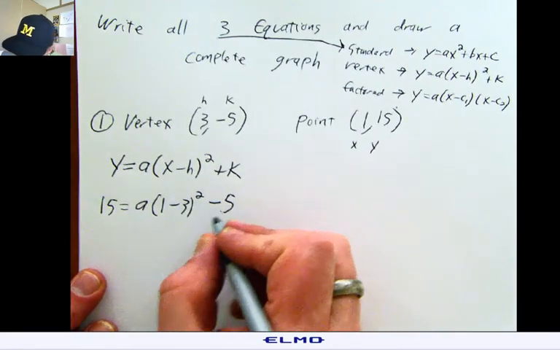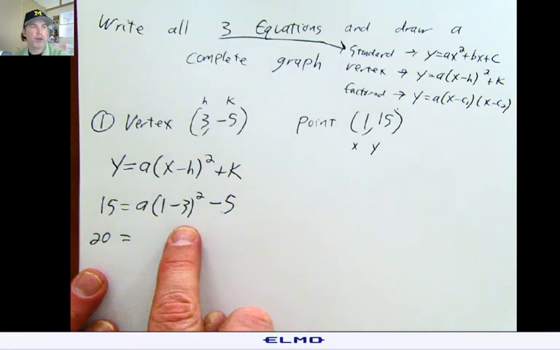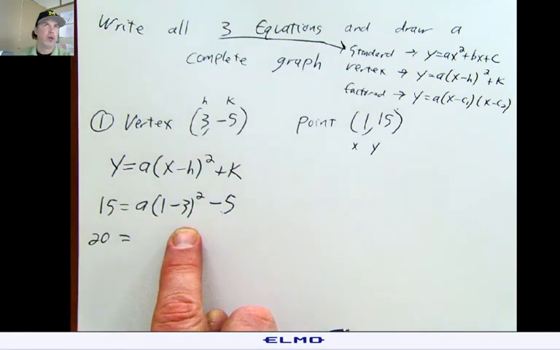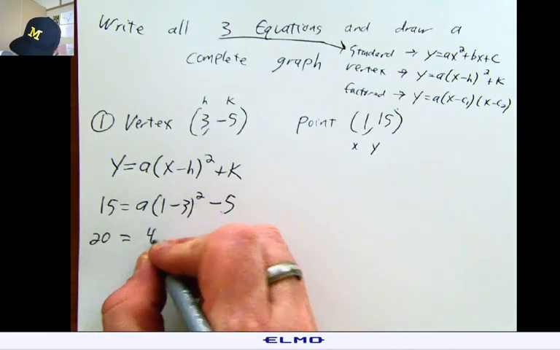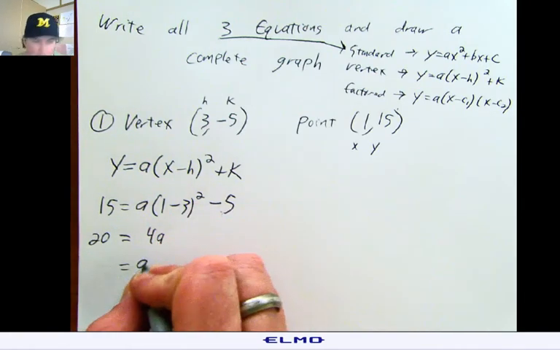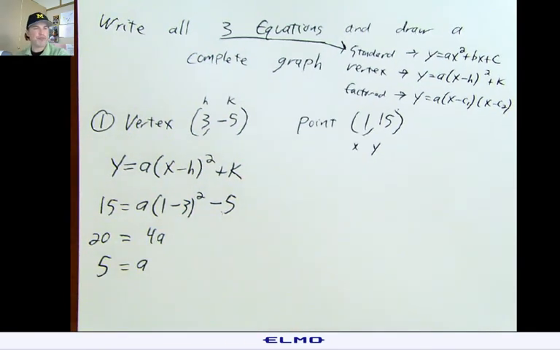Let's see, I add this 5 to both sides, so it becomes 20, and over here 1 minus 3, that's negative 2. Negative 2 squared is positive 4, so I get 4a. And then when I divide both sides by 4, I get a equals 5.